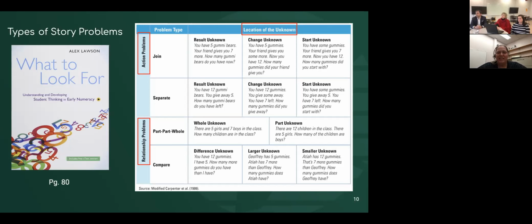We'll get into that in a minute. You can help shift a child along the continuum by asking them a different problem type, because they aren't able to use the strategy they used to use on this new location of the unknown.